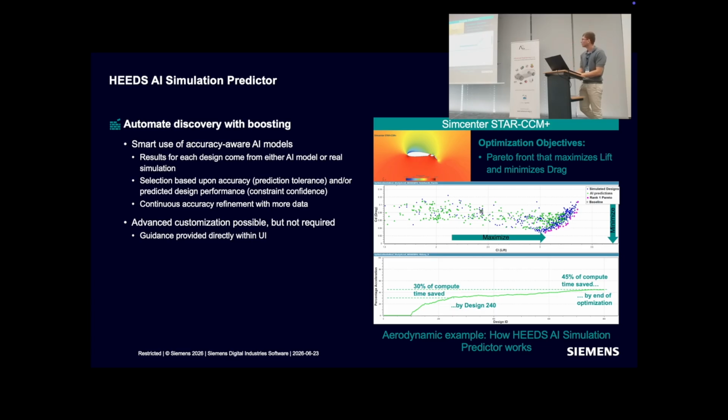You can see how the blue dots are more on the Pareto front, where the limits of my design space are. And by the end of the optimization, we have successfully saved 45% of compute time.